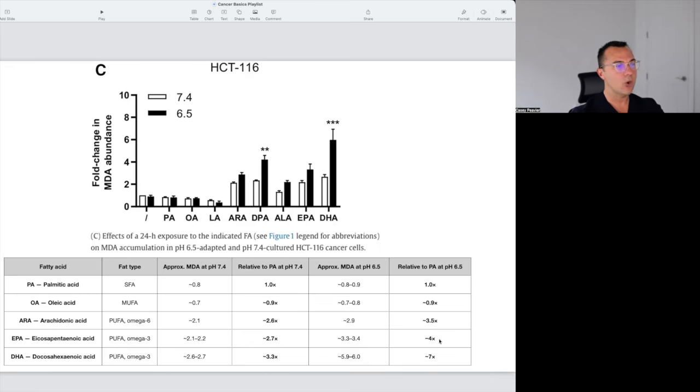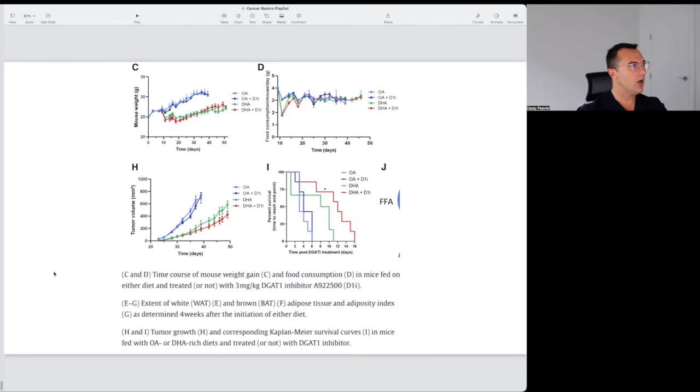EPA slightly more at 4x, but then what's fascinating is DHA, one of the main long-chain omega-3s, is 7 times more likely to participate in lipid peroxidation than its other omega-3, omega-6 counterparts and the monounsaturated and saturated counterparts. Pretty astounding.